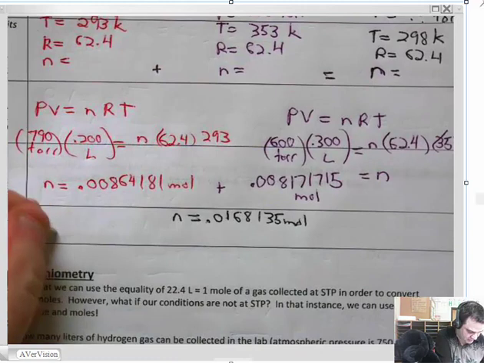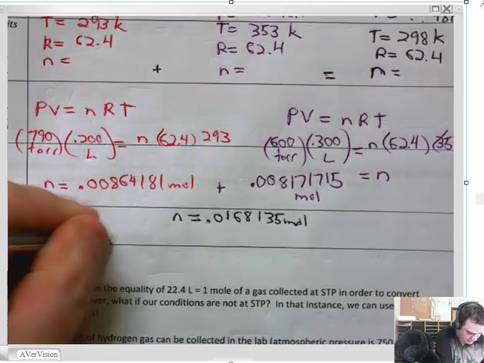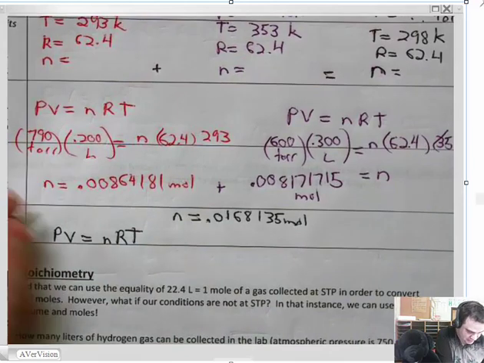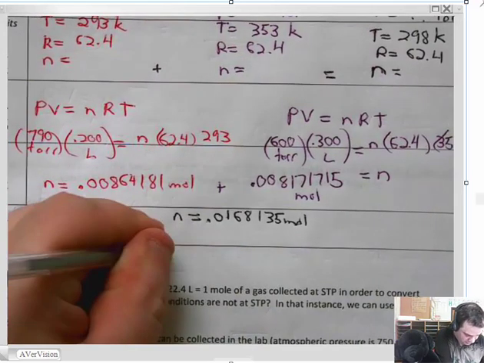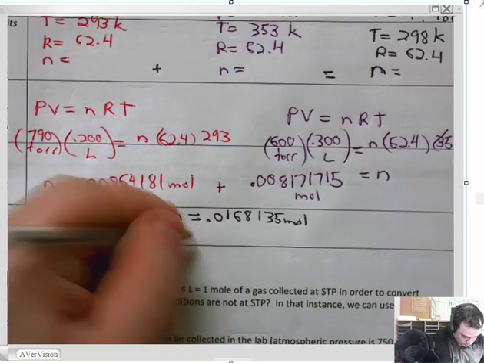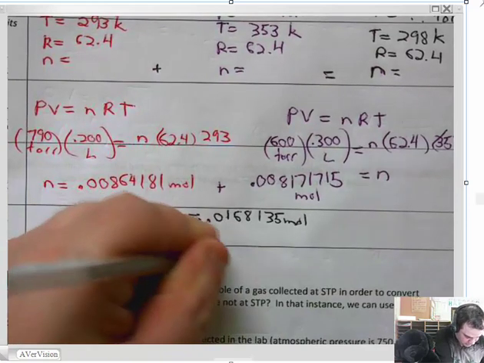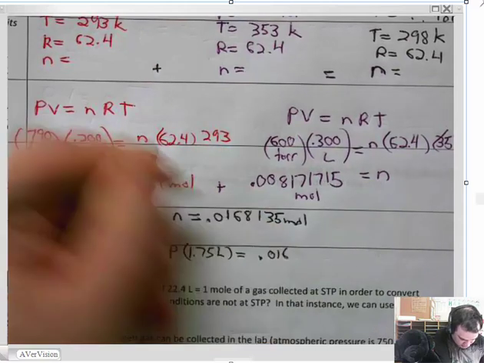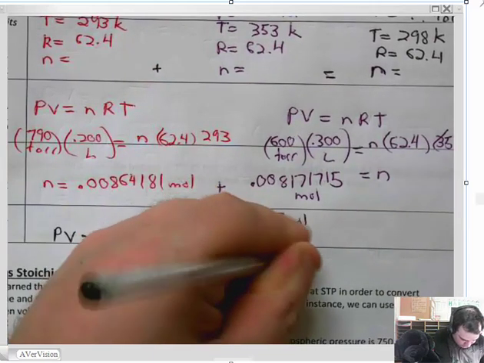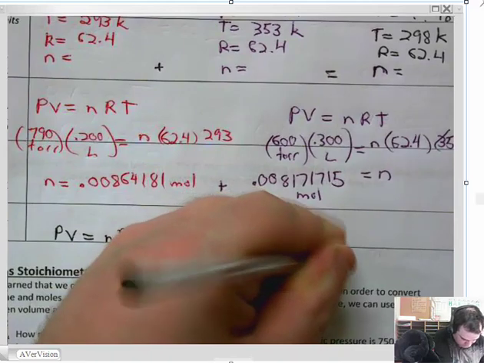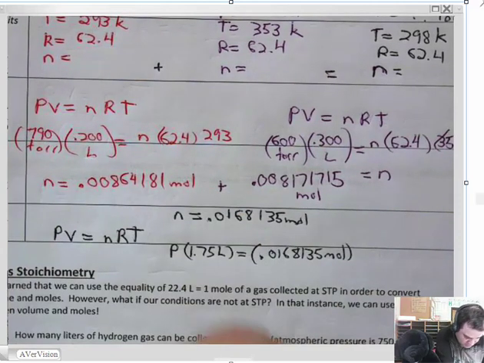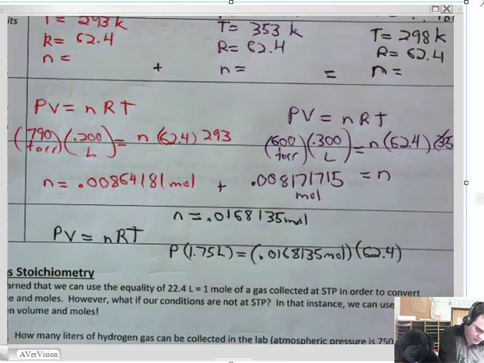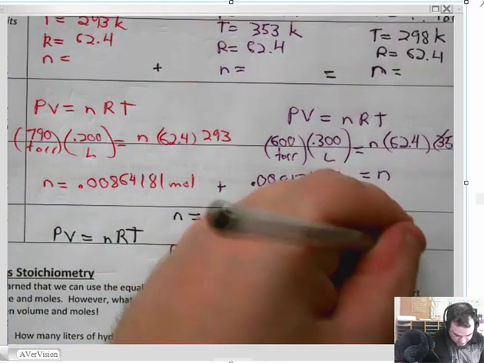Now you're going to see me do PV equals nRT a third time. This time I'm looking for the pressure. I have 1.75 liters, 0.016835 moles, 62.4, and the temperature is 298.